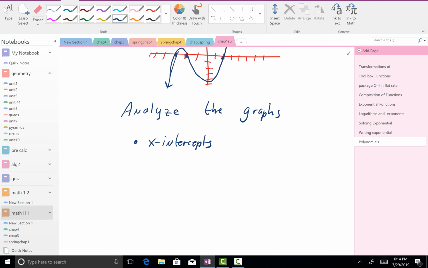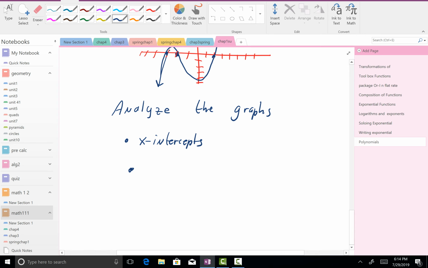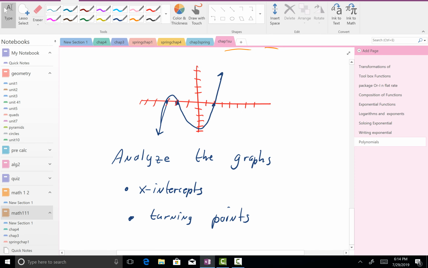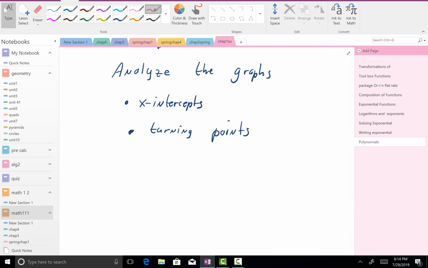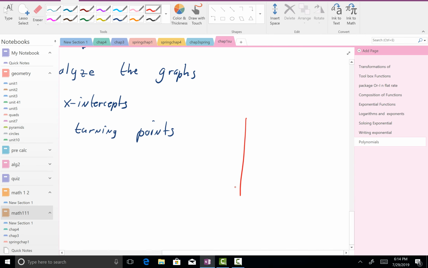The other thing it talks about is turning points. Anytime that the graph loops and turns, then that's a turning point.